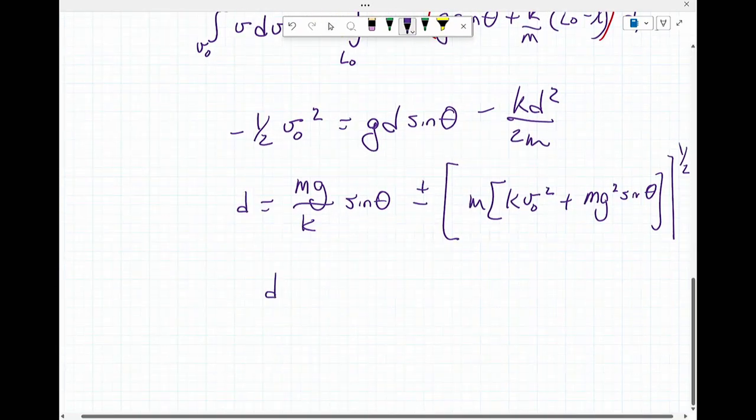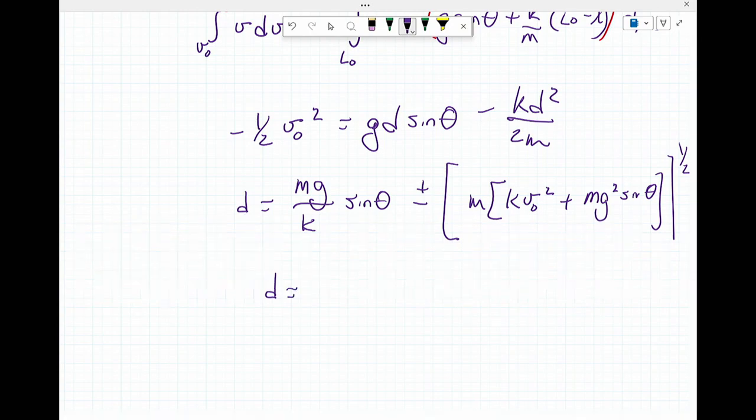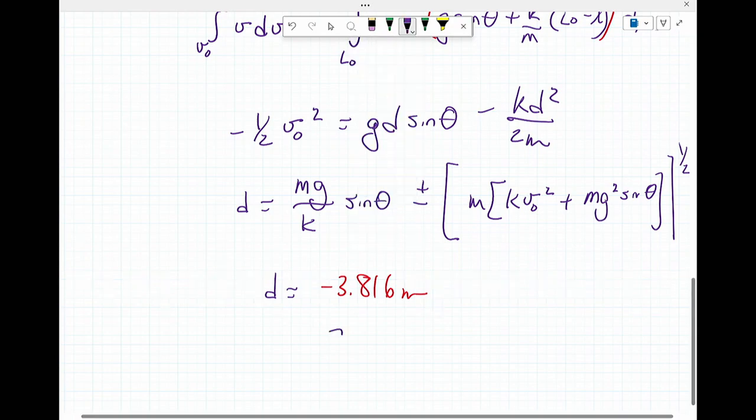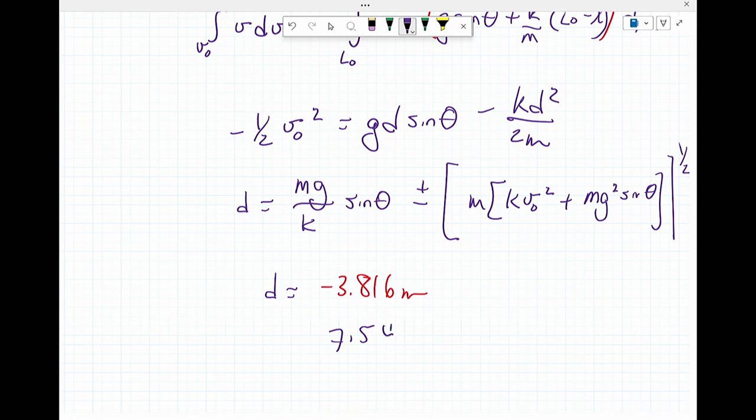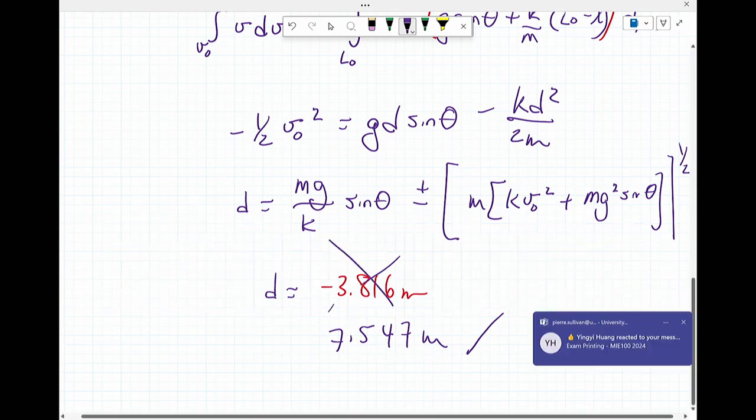So given all of my potential solutions, I get two results. One of them is a negative root, minus 3.816.